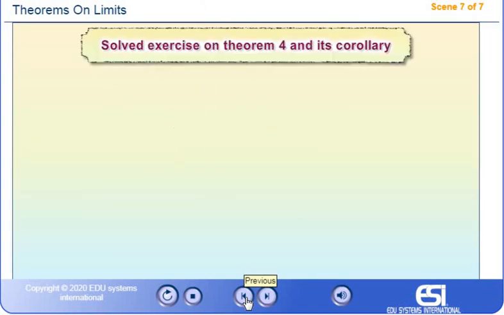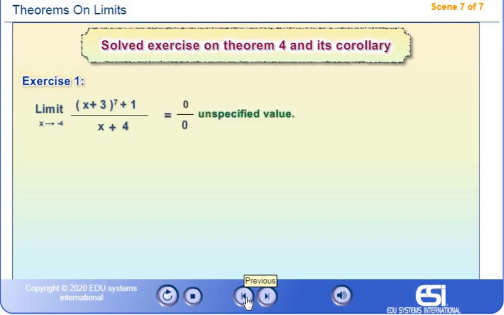Solved exercise on theorem 4 and its corollary. Exercise 1. Limit x plus 3 all power 7 plus 1 over x plus 4 as x tends to -4 equals the unspecified value 0/0.